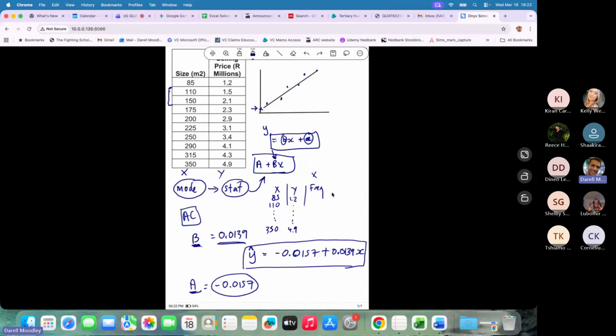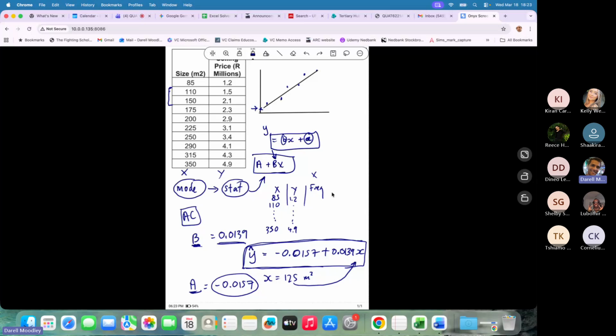That's where this equation comes in. It helps us make those estimates. If I want to estimate the sale price for a house where the size is 125 square meters, all I do is plug this 125 into the equation and I'll get the estimated sales price.